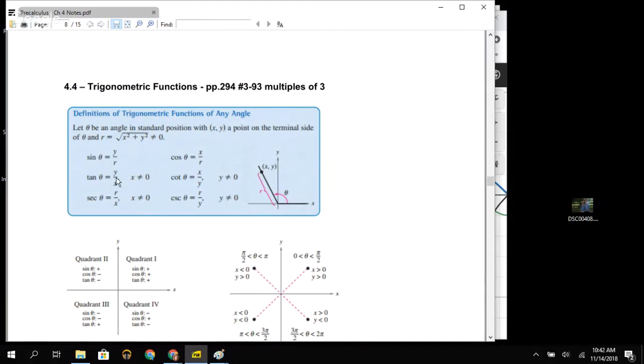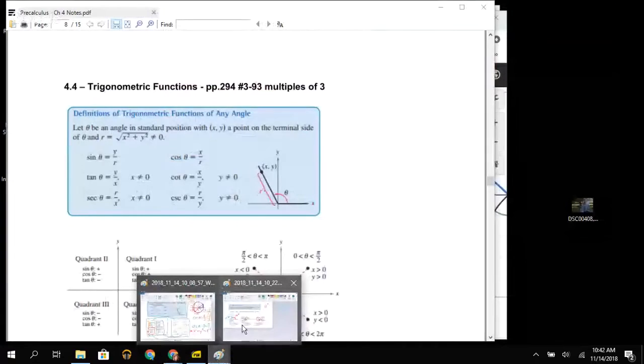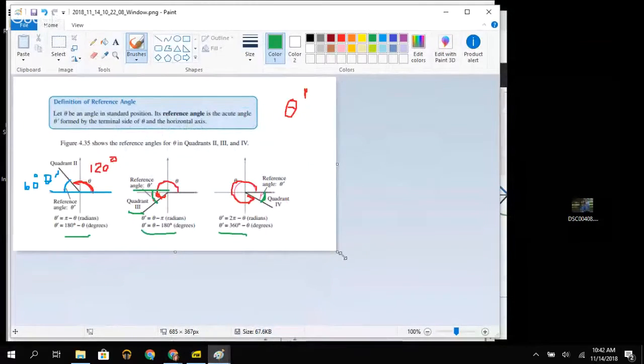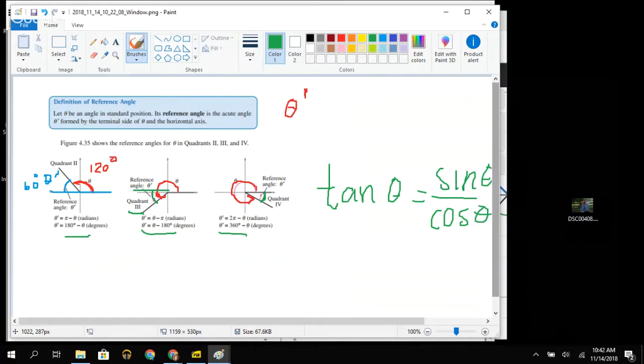Or the tangent is also the sine of theta over the cosine of theta. All right, so let's stick with that one. I think that one's the best one. So the tangent of theta equals the sine of theta over the cosine of theta, right?